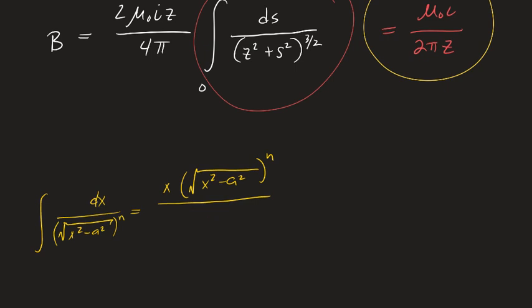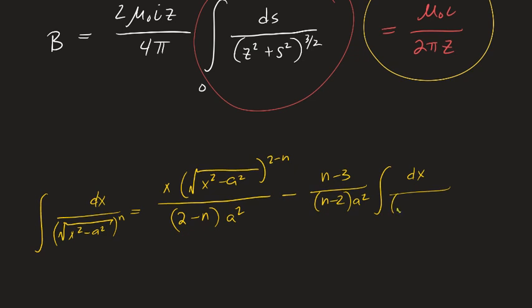I screwed it up already. Here we go. Damn it, Shelton. 2 minus n there. 2 minus n times a squared here, minus n minus 3 over n minus 2 a squared times the integral of a slightly simplified function that relates the same things.